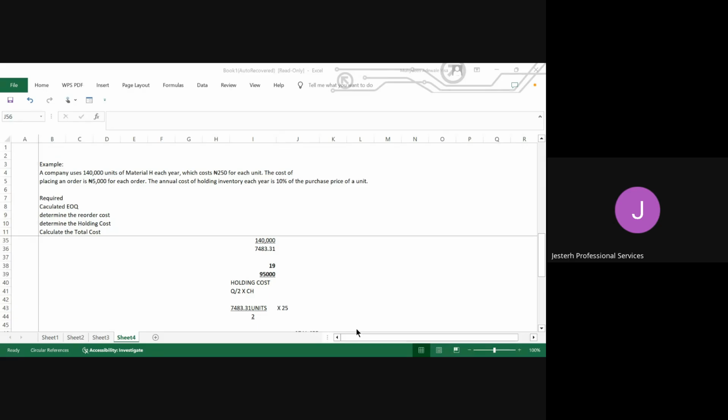So now, how do we arrive at all these things? You need to understand the formula that we are using. The reorder costs formula says D divided by Q. What is our D? D stands for total annual demand, while Q stands for the total units that an organization decided to come up with to meet the target annual demand.